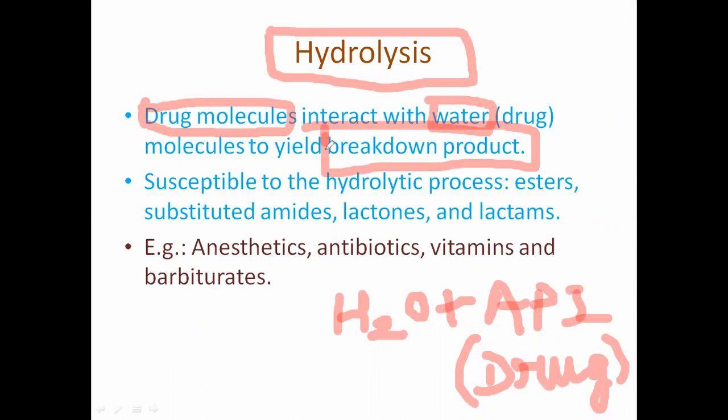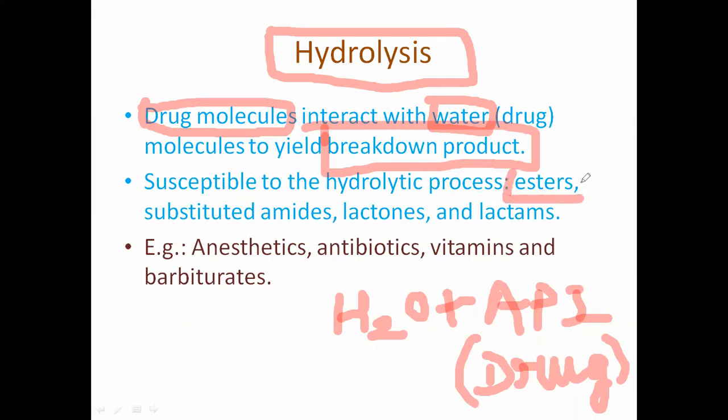Now there are certain kinds of compounds which are susceptible to the hydrolytic process. Susceptible means they are more prone to undergo hydrolysis when they come in contact with water. And what are the examples of such compounds?